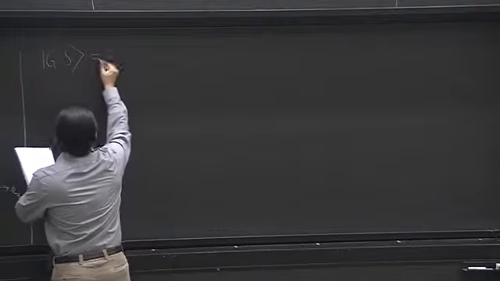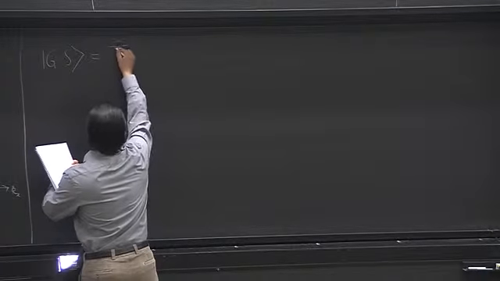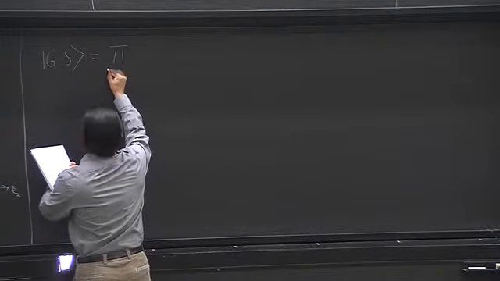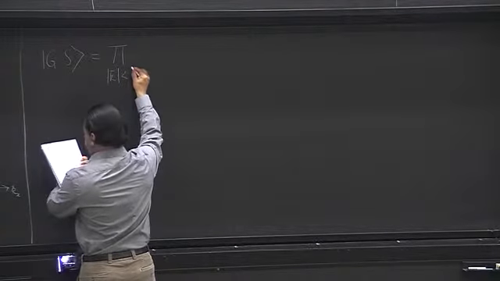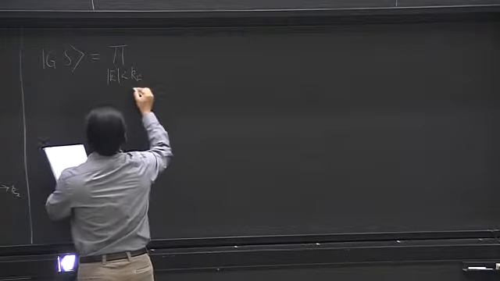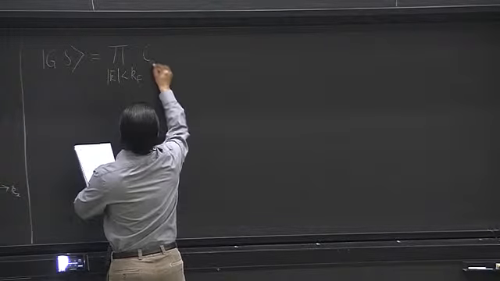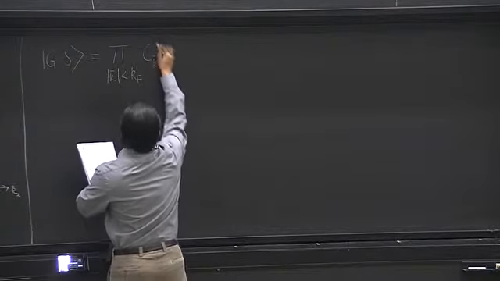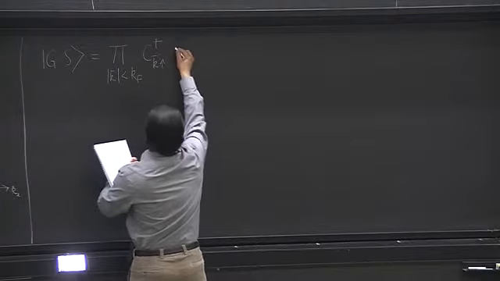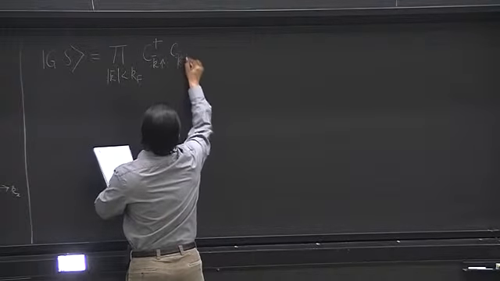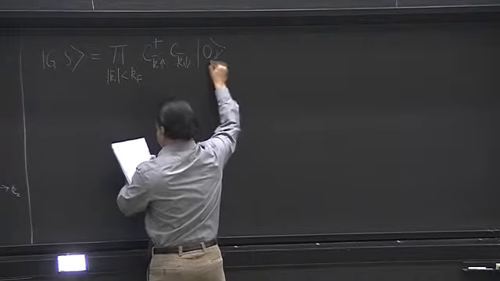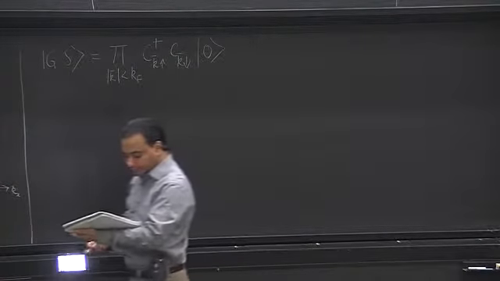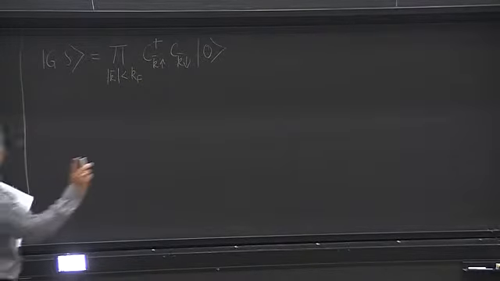So this ground state ket can be written as: for all momentum less than the Fermi momentum, the state with up spin is occupied and the state with down spin is occupied. Now, this is the true vacuum. Oh, dagger, yeah, sorry.